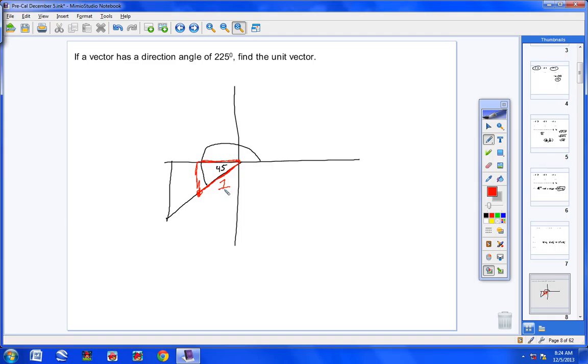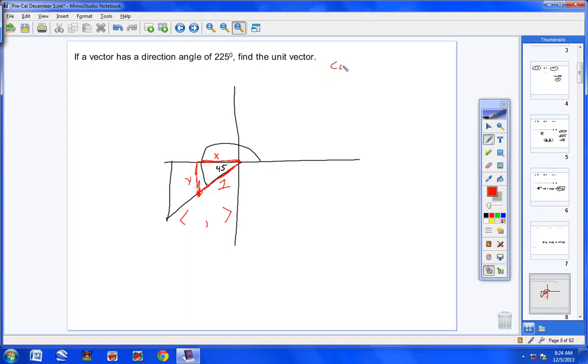So if we're going to find the vector that has a length of 1 going this direction here, all that we need is our x and our y, and then we'll have component form. We'll have an x number here and a y number here. How do you find x?